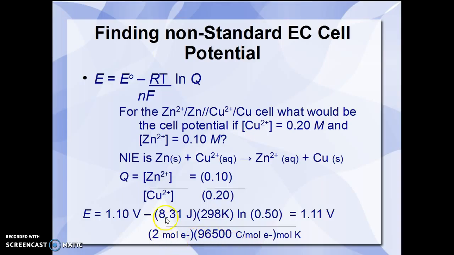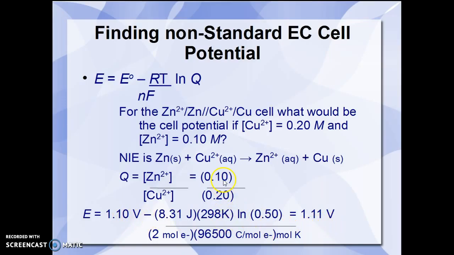When you do this, you will find that this whole expression is equal to about minus 0.01 volts. And when we subtract a negative 0.01 volts from 1.10, the negatives cancel out. We simply add the 0.01 volts and we get 1.11 volts.